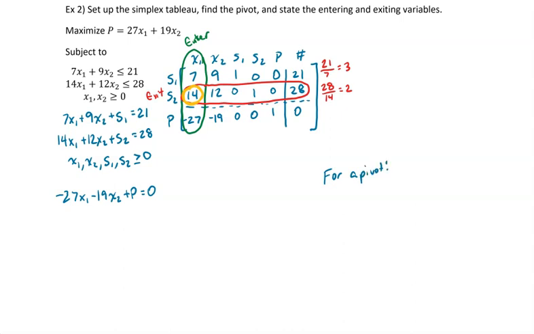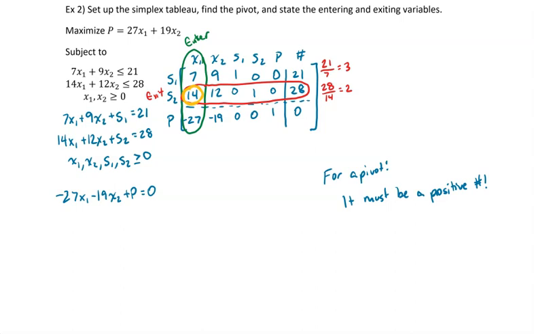I just want to say a couple more things about a pivot. A pivot must be a positive number. So no negative pivots, right? So if you ever end up getting a pivot that's negative, just pick the other row instead, right?